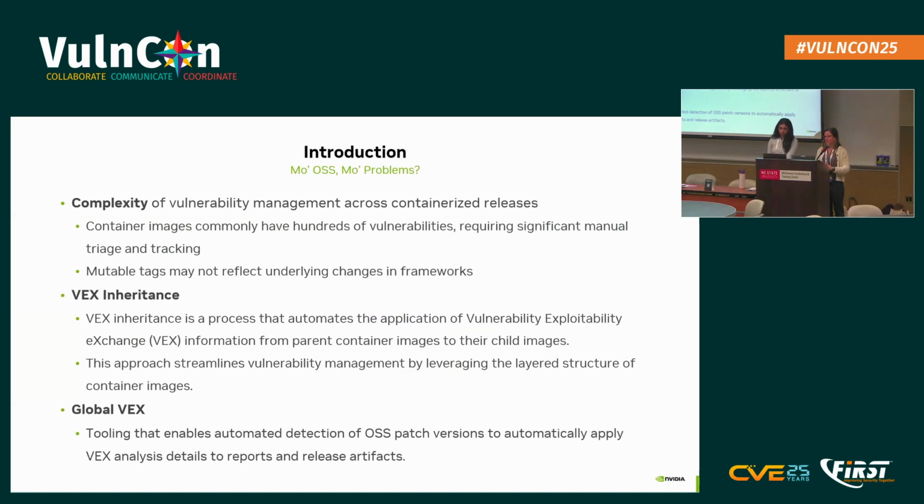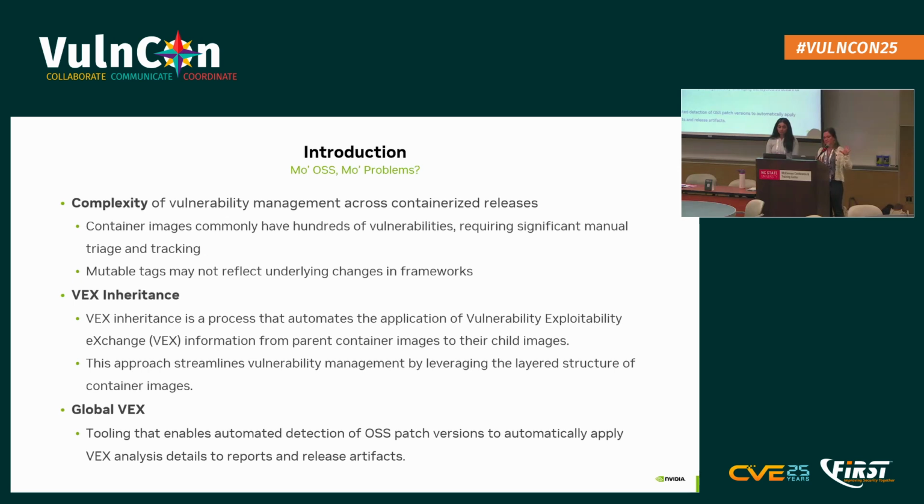Yeah, so the complexity here is that it's really difficult to determine from one container image build to the next that is the lineage from one to the next, and that the vulnerability analysis should apply for all of those. So we have these two terms here.